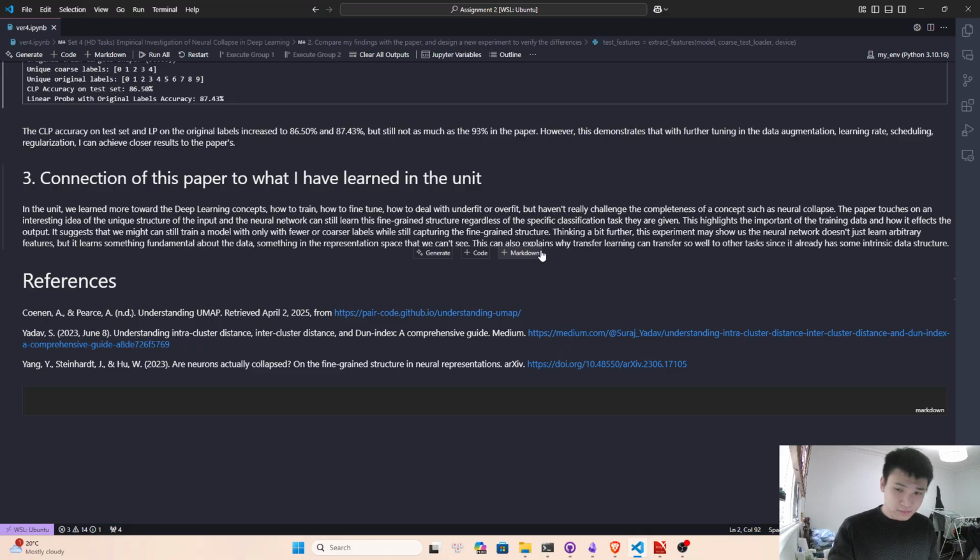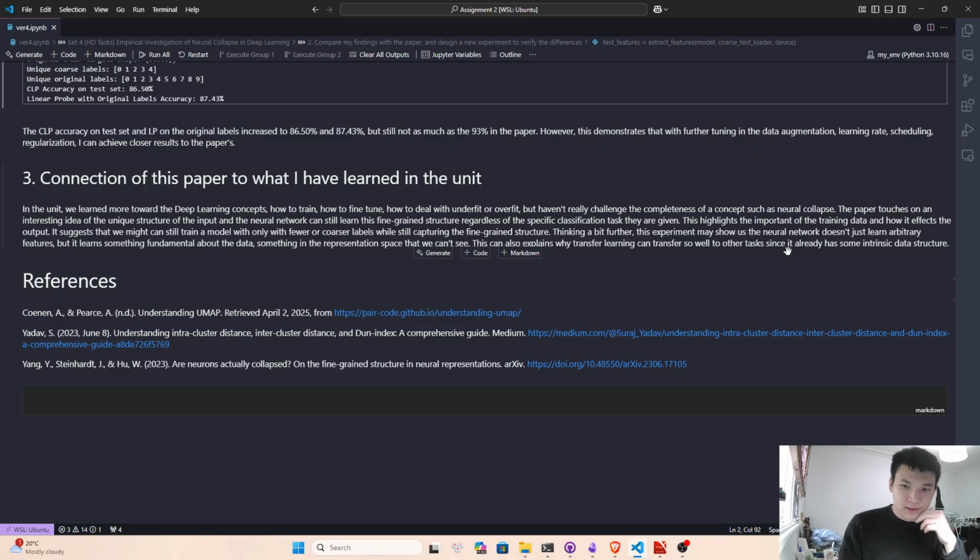And this shows that we can still train a model with fewer or coarser labels while still maintaining or capturing fine-grained structure. And if we think a bit further, the neural nets learn something very fundamental about the input data, not some arbitrary features.